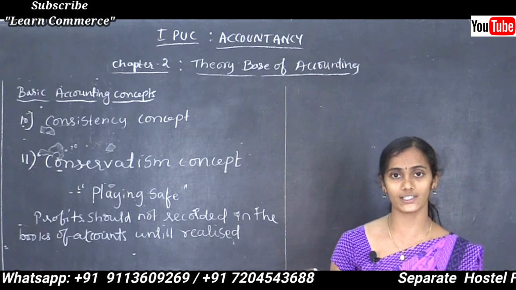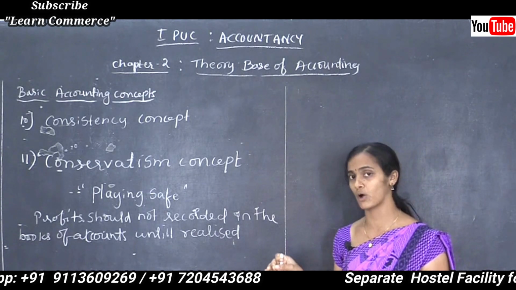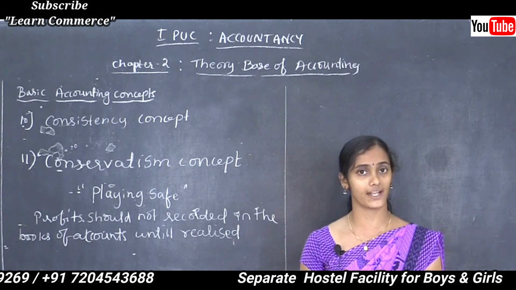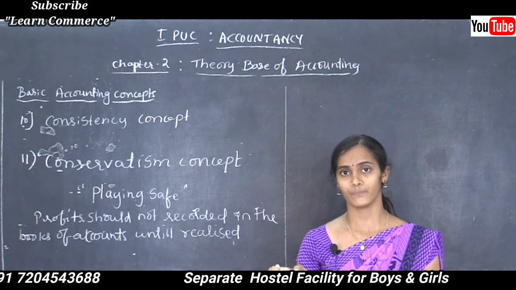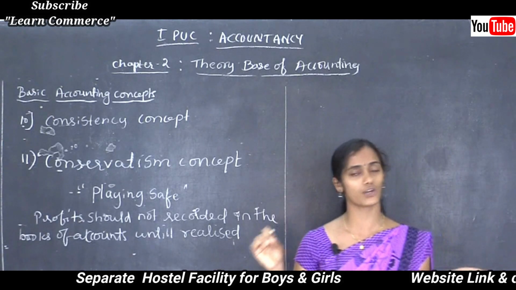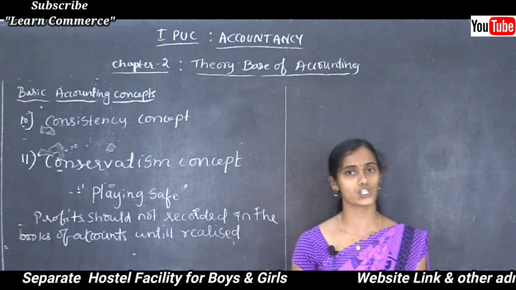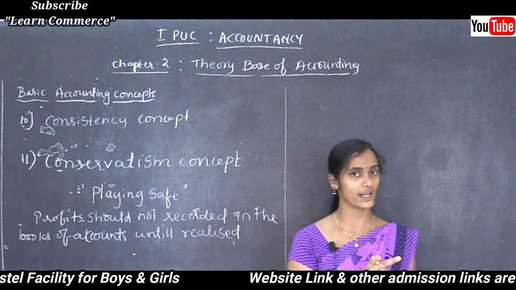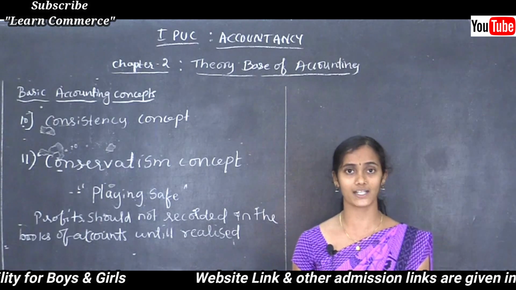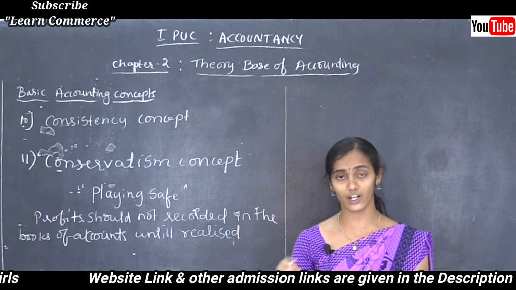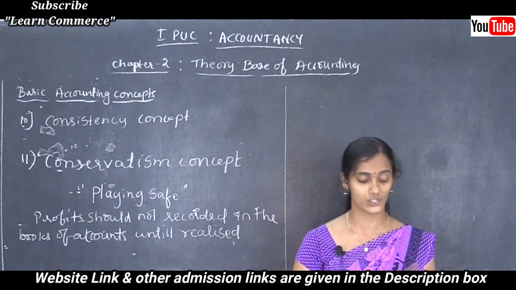If the market price is lower than the cost price, we should record the closing stock amount at the market price, not the cost price. If the cost price is lower than the market price, we should use the cost price to record the transaction in the books of accounts.